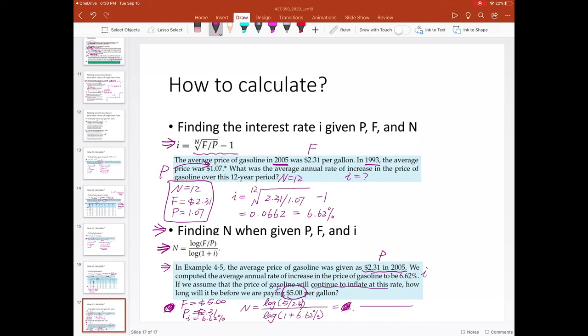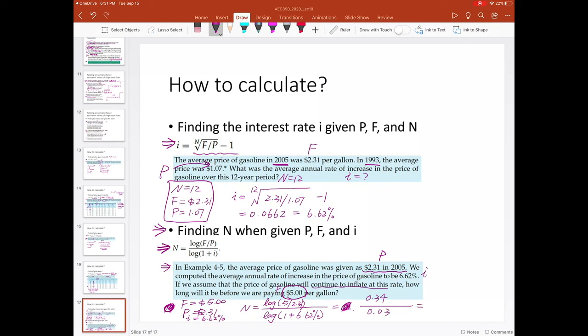Log of 5 over 2.31, that is 0.34, and then we calculate log of 1 plus 0.0662, that is 0.03.